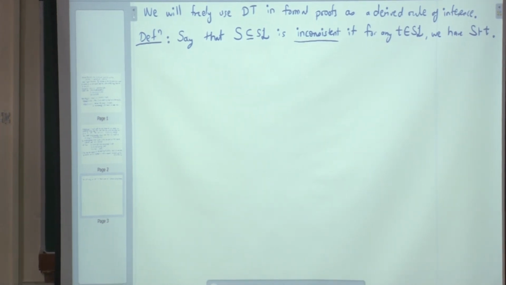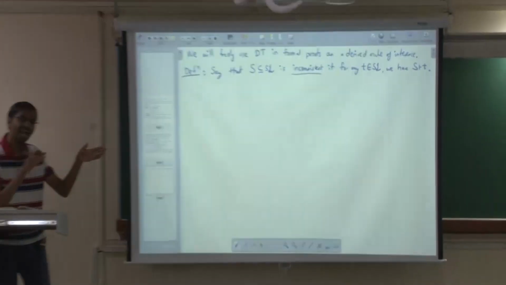So in particular you can prove one formula and its negation simultaneously. We say to people, oh, your speech is incoherent, you are not making sense. That is an inconsistent theory.